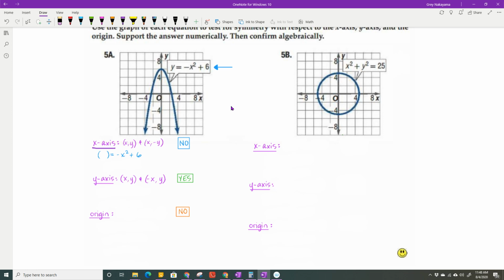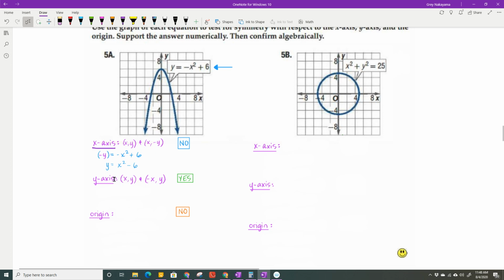Then instead of positive y, I'm putting in a negative y. And if I simplify that by multiplying both sides by -1, I get y equals x squared minus 6. Well, that's not the same thing. Those are clearly not the same, so that's why I know it's a no and not symmetric to the x-axis.